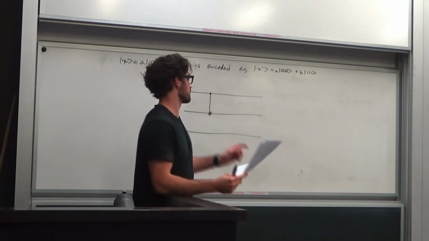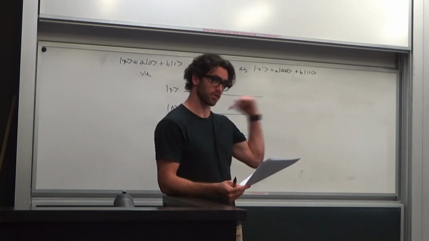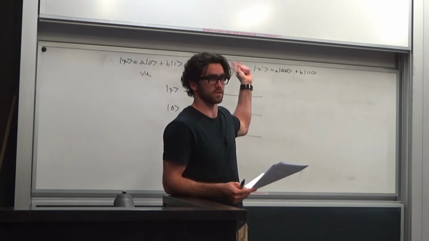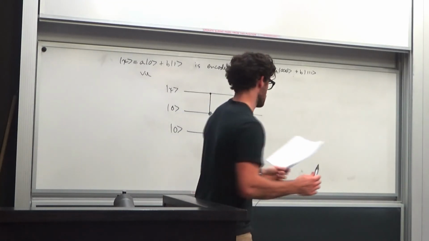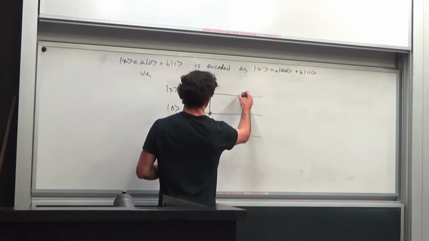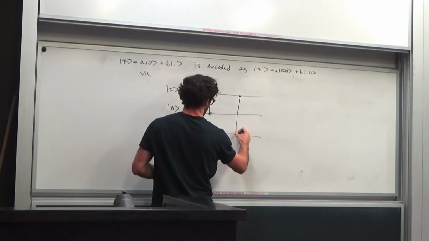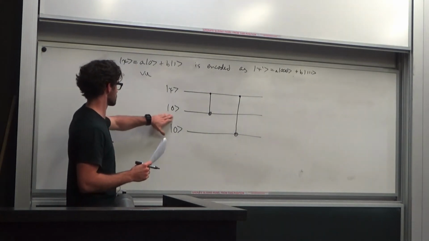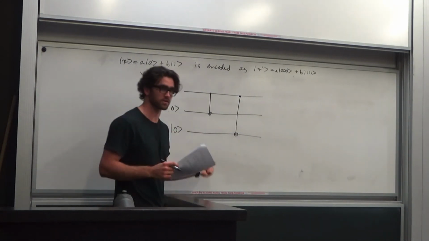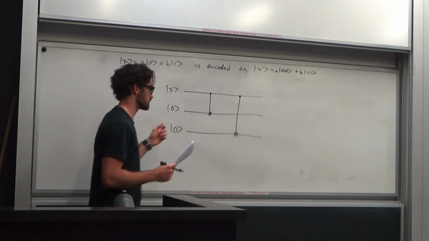So the actual error channel for this is going to be the composition of 3 independent models. All right, so this is the quantum equivalent of that code generating matrix that we wrote down, or the definition for earlier.